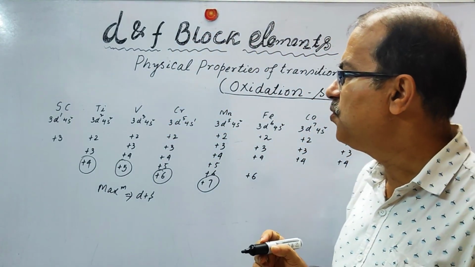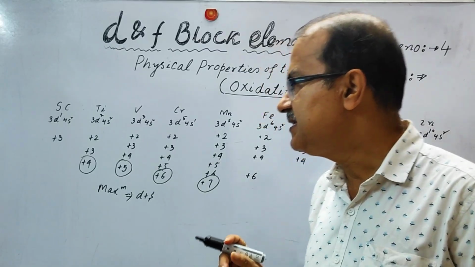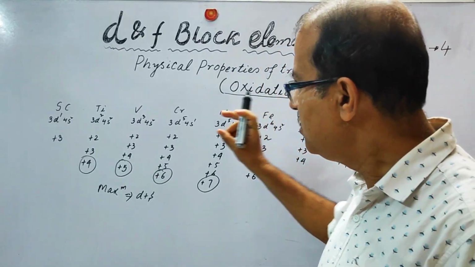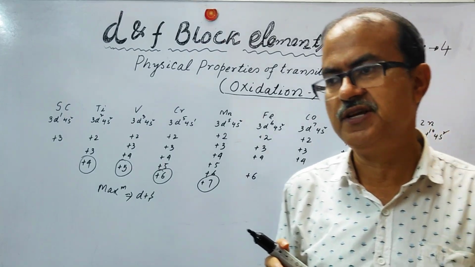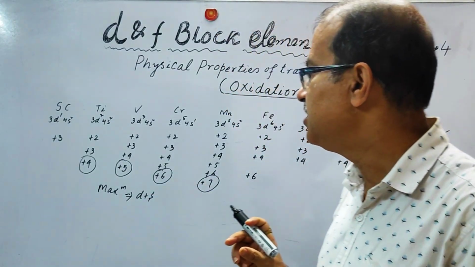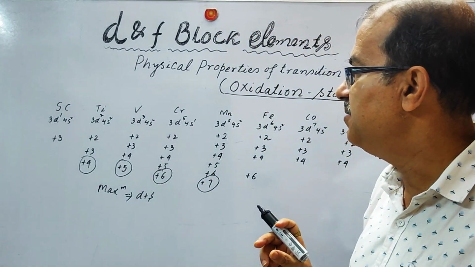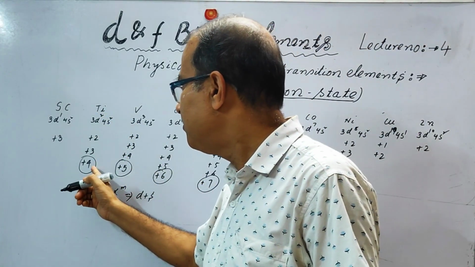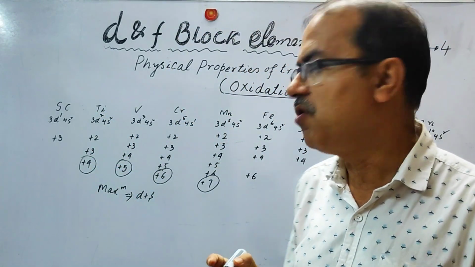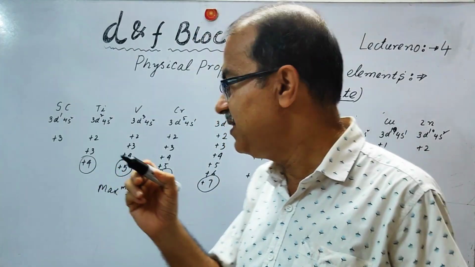Also, not all the oxidation states are common. There are some oxidation states that are common for these elements. For example, for titanium, +4 is very common and very stable.